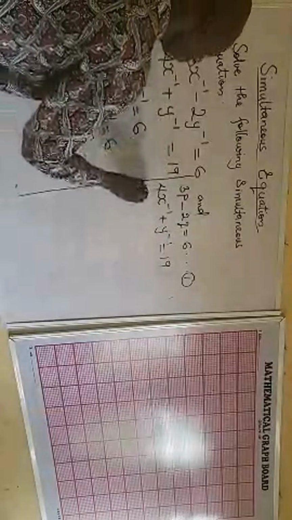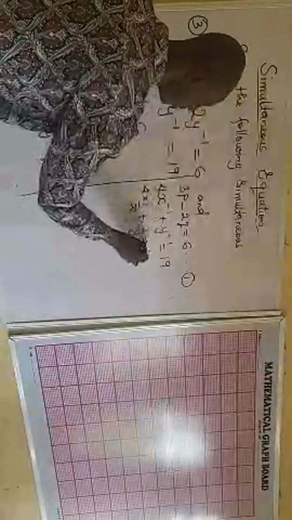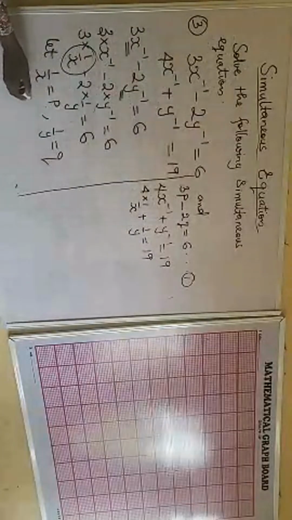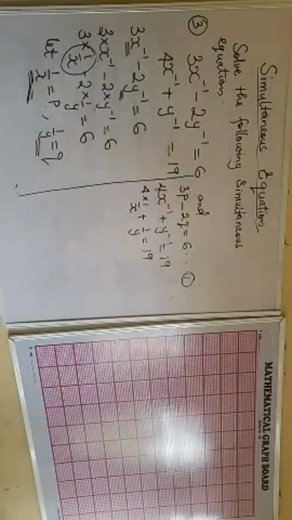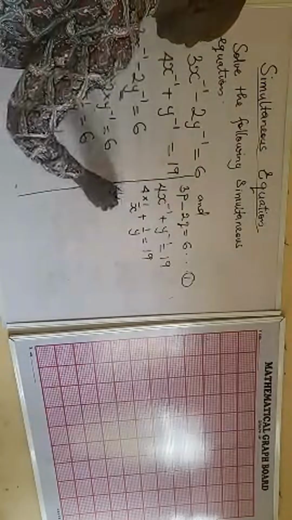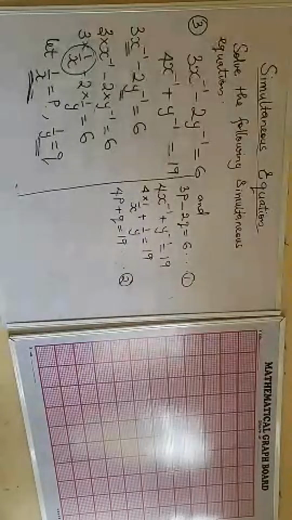So this one simply means 4 times 1 over x plus 1 over y is equal to 19. And we said 1 over x is p and 1 over y is q. So here is 4p plus q is equal to 19, equation 2.